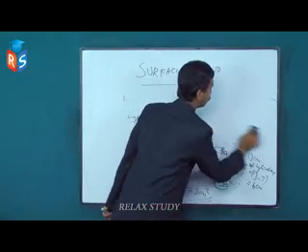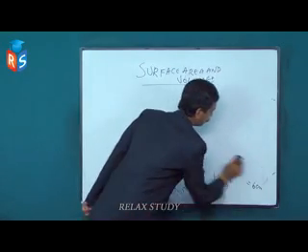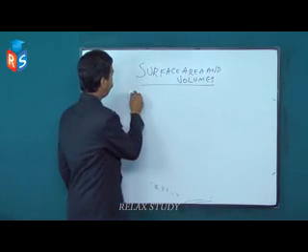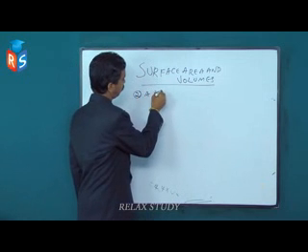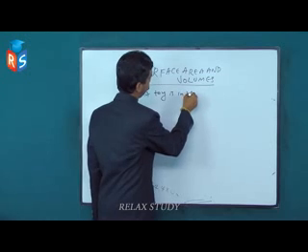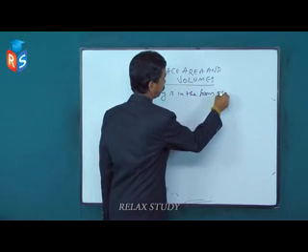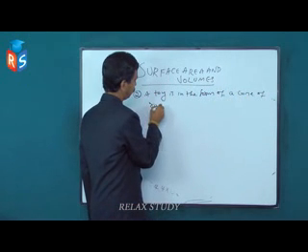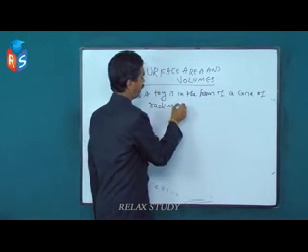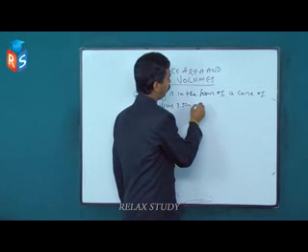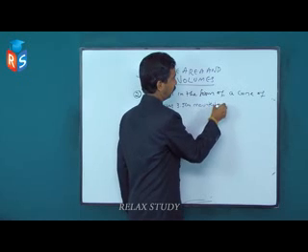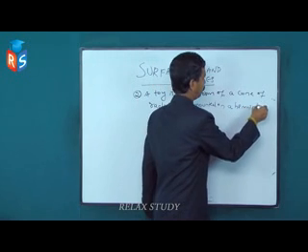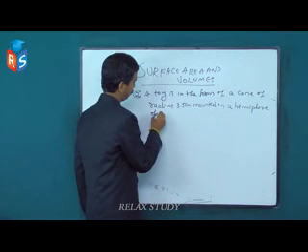Next problem. A toy is in the form of a cone of radius 3.5 centimeter mounted on a hemisphere of the same radius.